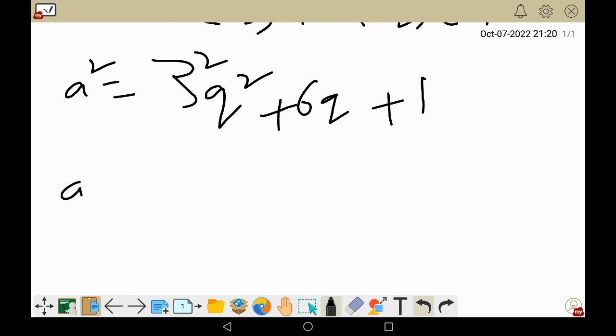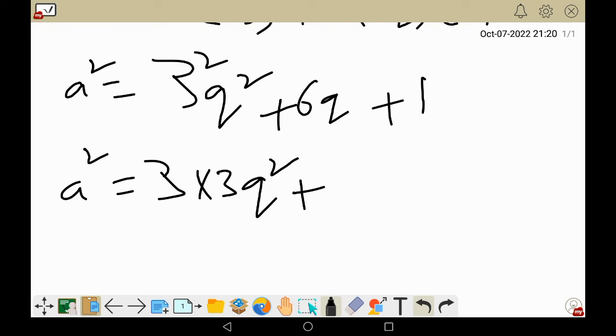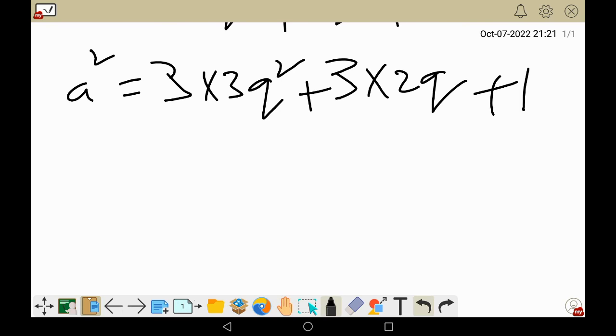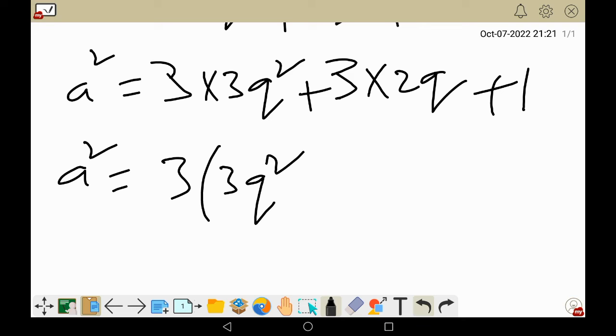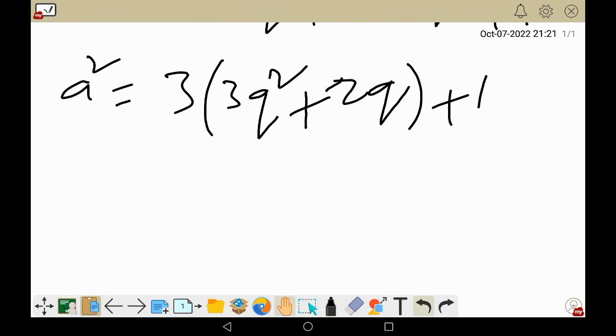So A square is equal to 3 square, we can write it as 3 into 3q square, plus 6q, we can write it as 3 into 2q, plus 1. A square is equal to 3 common, the remainder is 3q square plus 3 common, the remainder is 2q, plus 1 as it is.